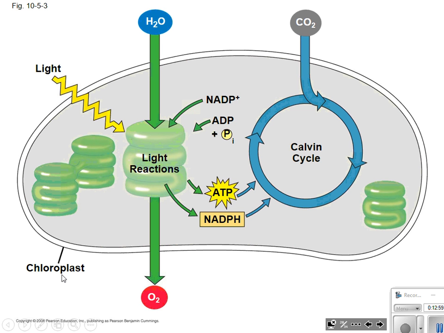So the dark reaction occurs in the stroma. And it's got carbon dioxide that has this whole big cycle. And what is the product given off by the Calvin cycle? Glucose. Excellent. There we have it.